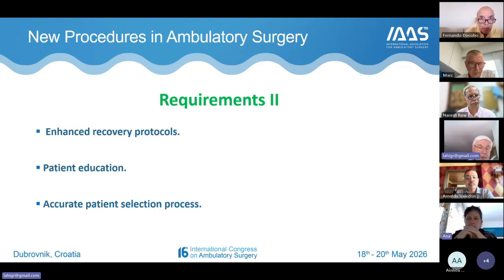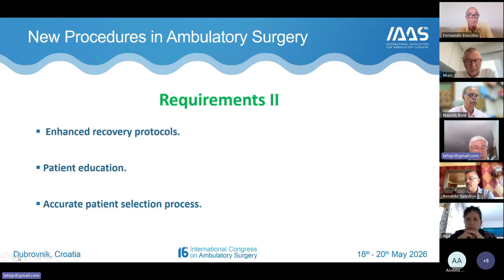The patient and their relatives have to know as much as possible about the procedure. We have to do an accurate patient selection process that could be achieved by a good interaction between patient and professionals.